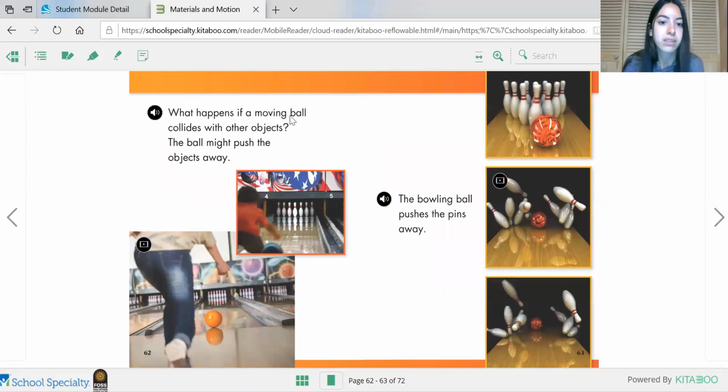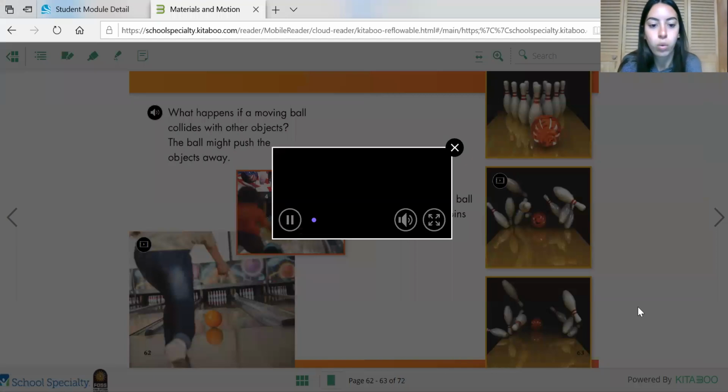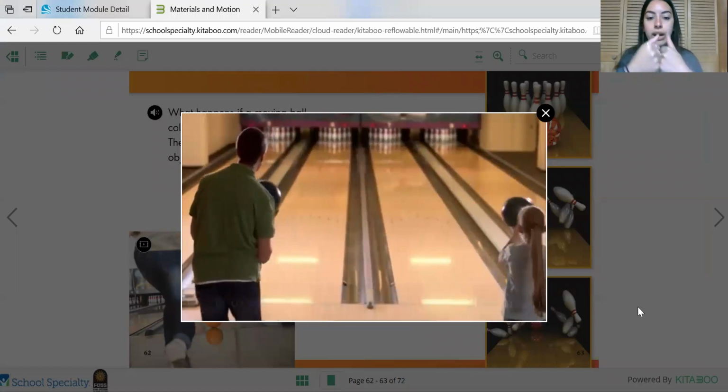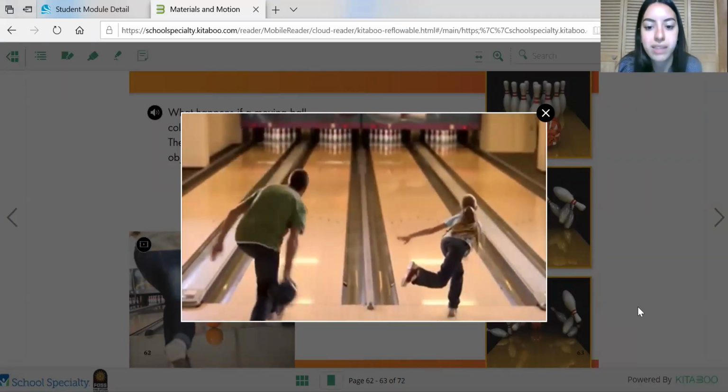What happens if a moving ball collides with other objects? The ball might push the objects away. This is a quick video of people bowling. Bowling is when you let a ball go and it rolls down and it collides or it hits the pins at the end.